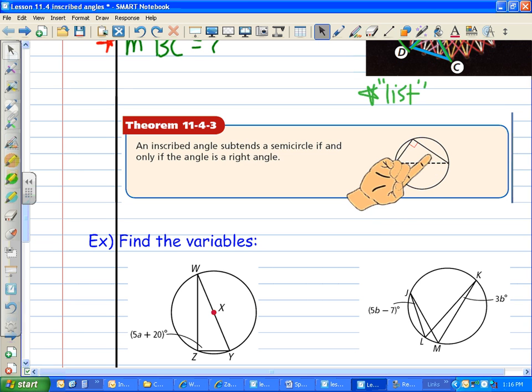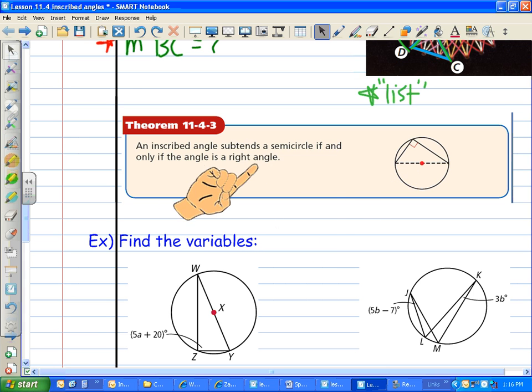The only time an angle that's inside of a circle is going to open up exactly 180 degrees and create an arc that's 180 degrees, is if that's 90 degrees. Okay? Does that make sense? Because remember, the angle that's here is going to be half of whatever the arc is. So clearly, the only time that's going to happen when this is 180 is when that is a perfect 90-degree angle. Okay? That's all it's saying.